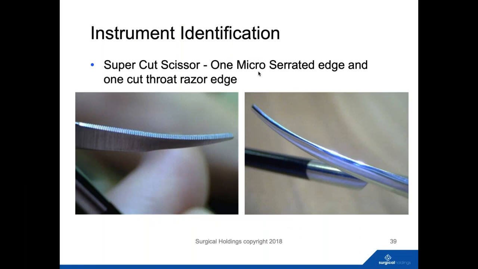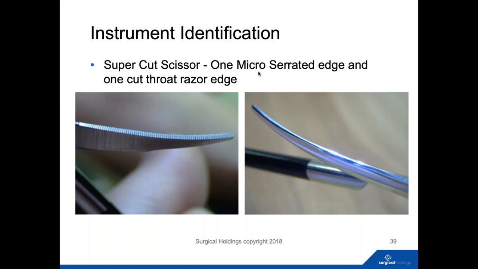So you have one edge that's sharpened to almost a cutthroat razor edge, and on the other side a serration which is very, very fine, and you may need a magnifier to see that, but it's really important because the combination of those two edges is what gives it the supercut.